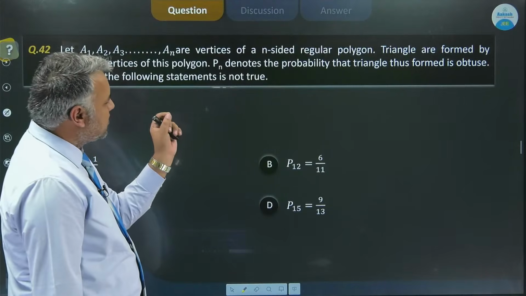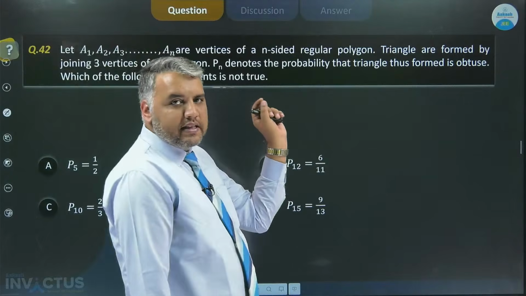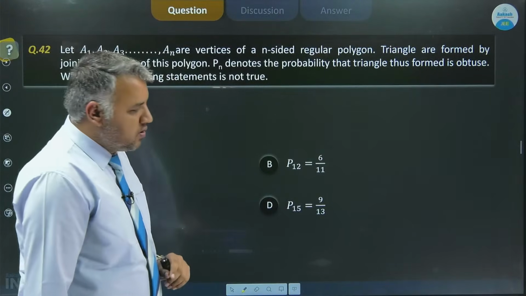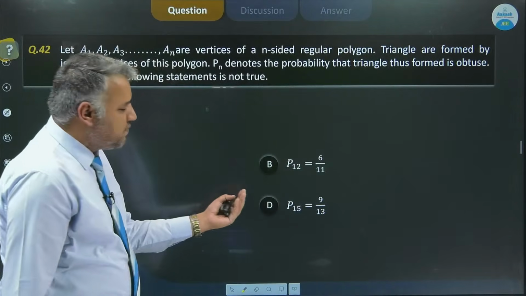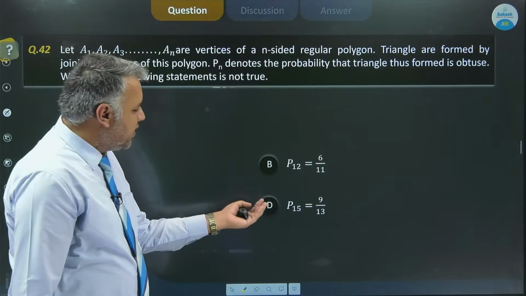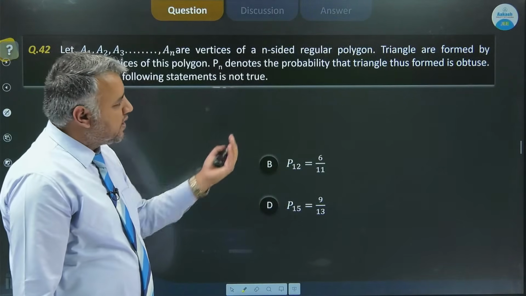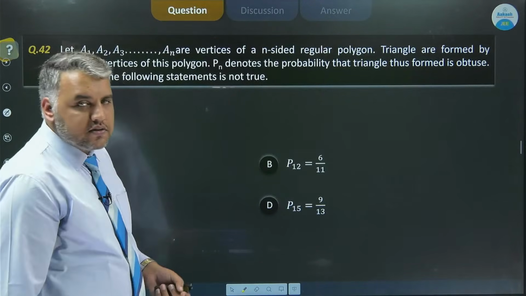Out of an n-sided regular polygon we are going to form this triangle. So if n is 12, then we have to comment on P12. If n is 15, if a 15-sided regular polygon is taken, then P15, the probability that such obtuse triangles are formed. So we have to comment on all this.